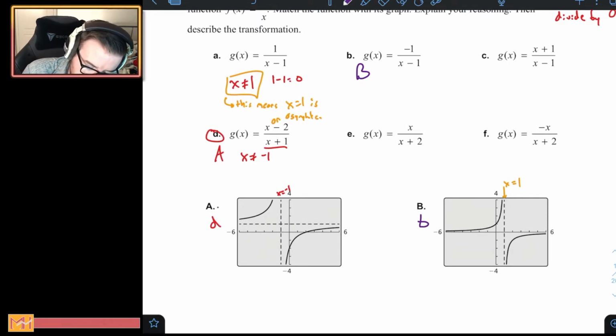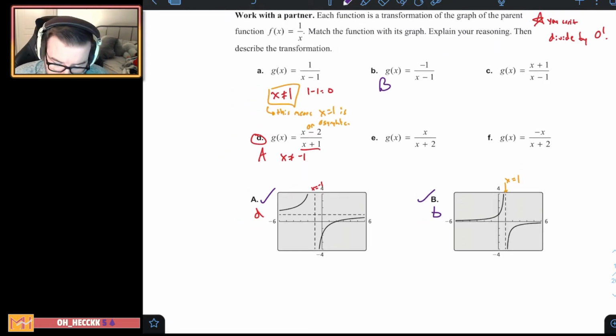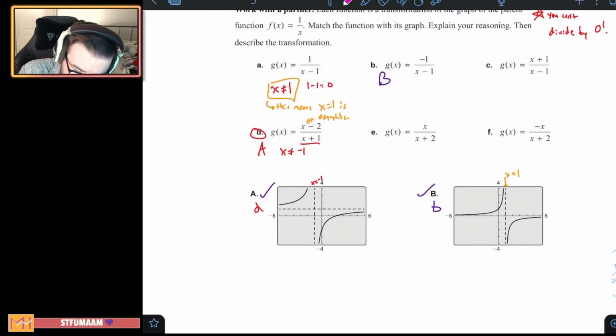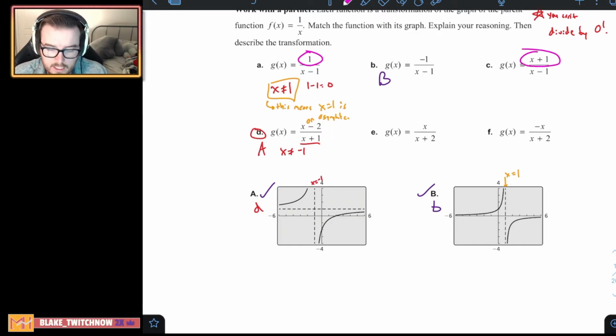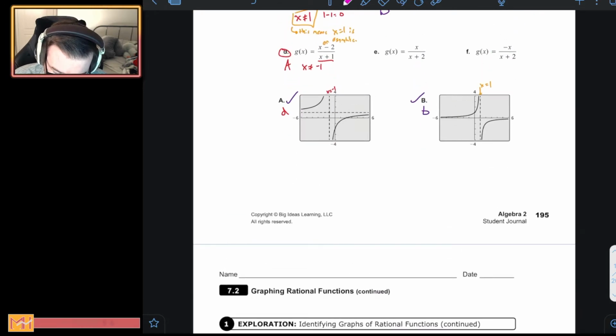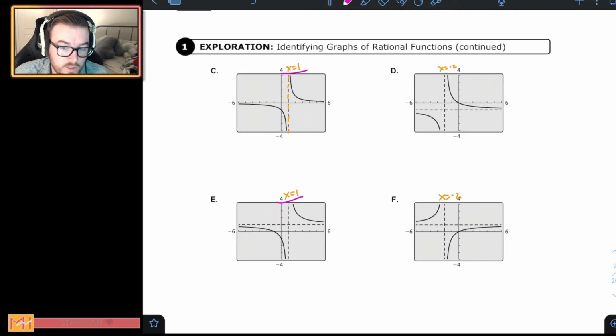So check, check. We already used both of those. So we're learning more things, right? We're exploring. What else can we see here? Well, this has just a number in the numerator, and this has x plus 1 in the numerator, okay? So of the x equals 1 options here and here, could you maybe take a guess as to which one's going to be which?